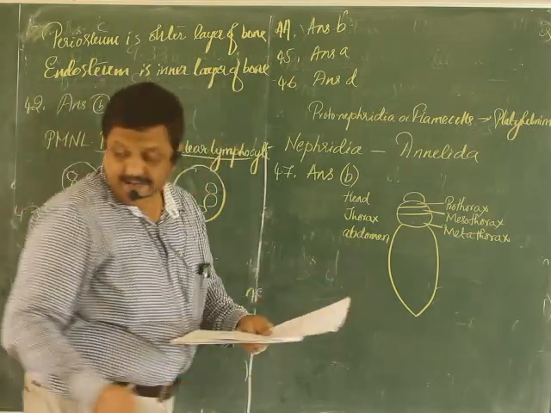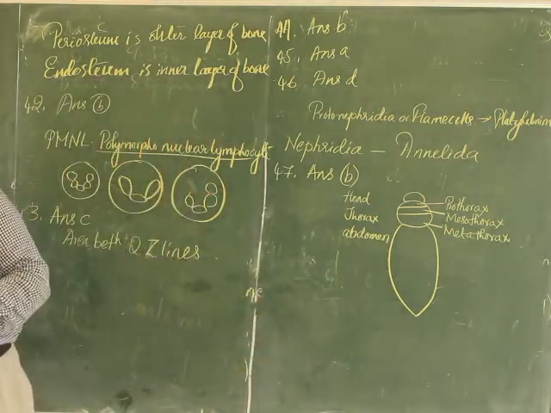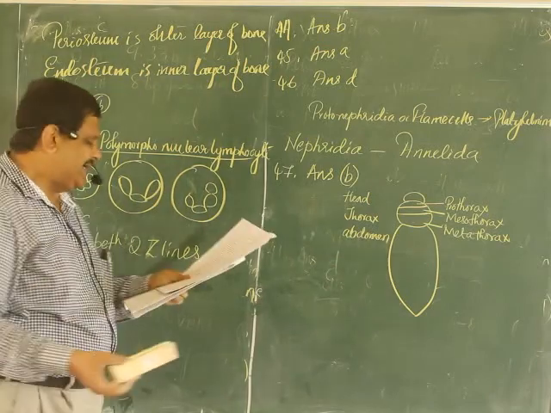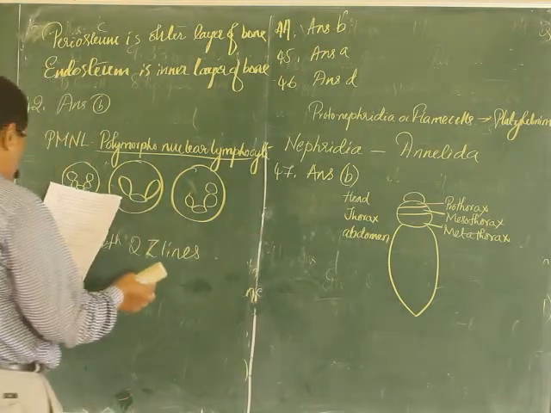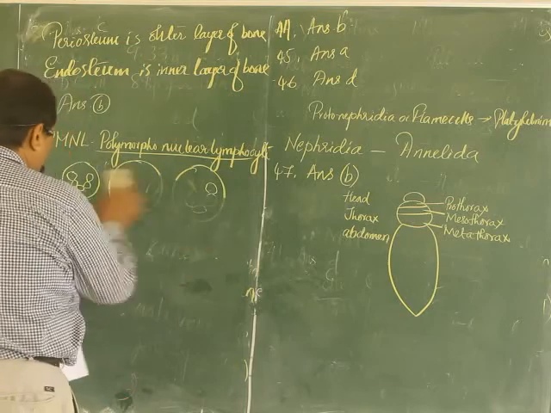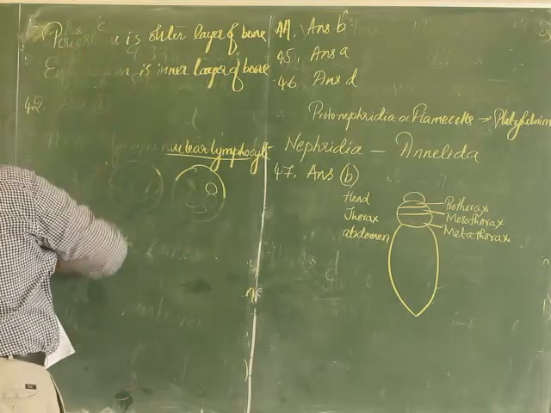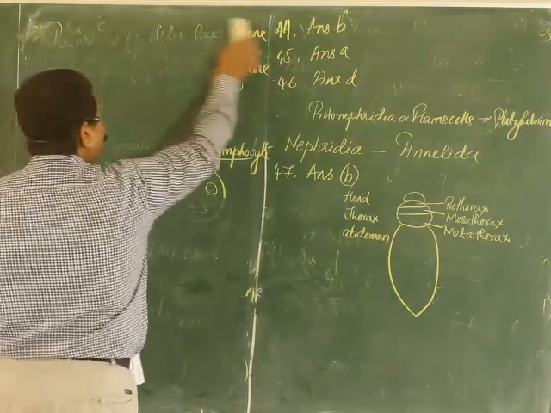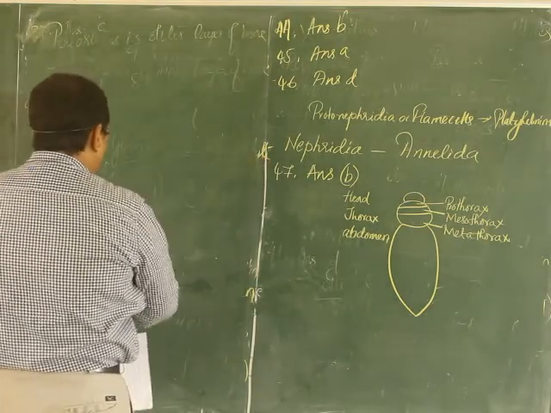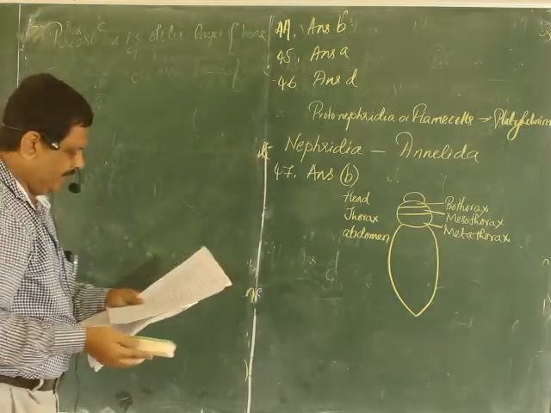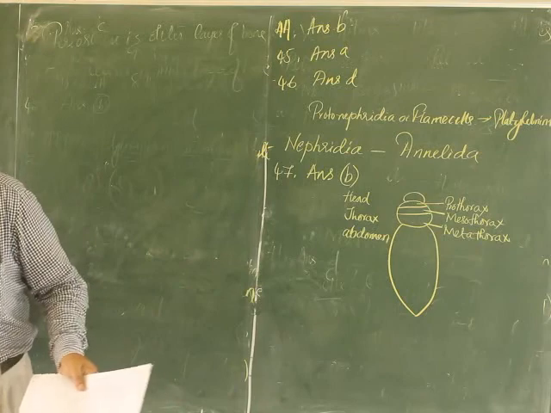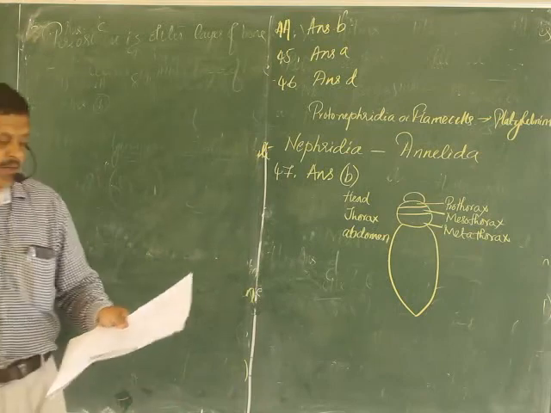Then question number 48. Which of the following set develops from endodermis of frog? You know there are ectoderm, endoderm and mesoderm. That's the question.